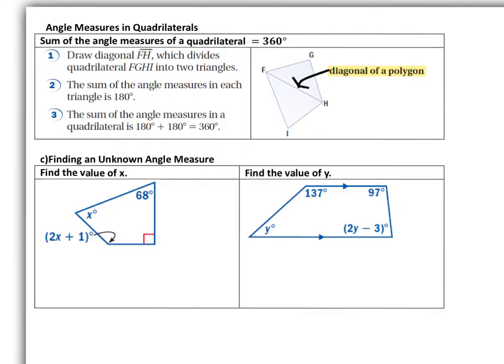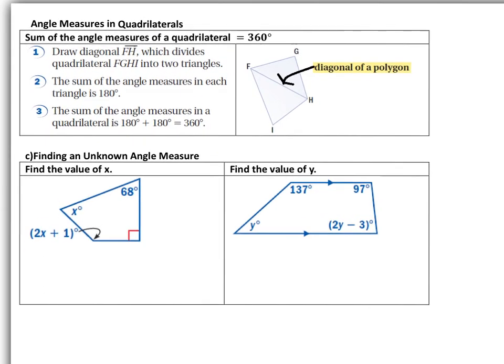Okay, so now I'm going to talk a little bit more about the angle measures in quadrilaterals. The sum of the angle measures of a quadrilateral is 360 degrees. And I want to prove that. So if we draw a diagonal FH from the ends of these two opposite angles, you'll form two triangles.